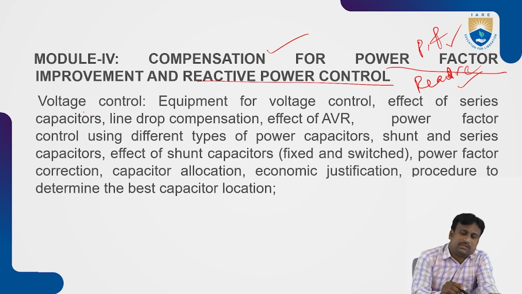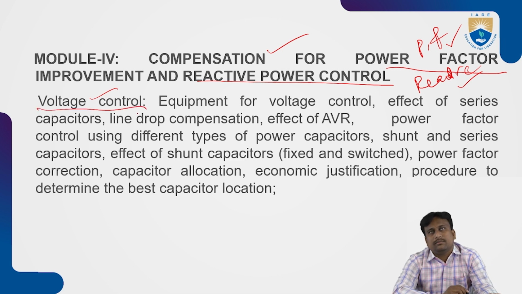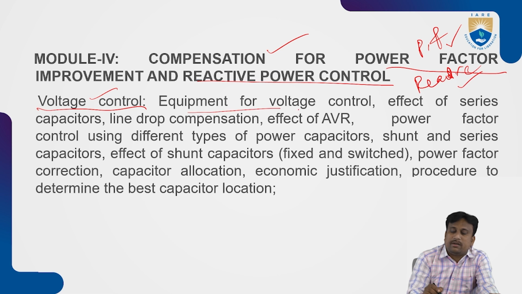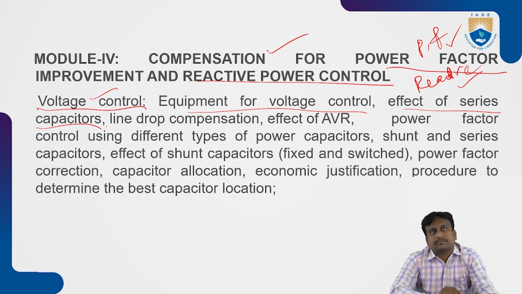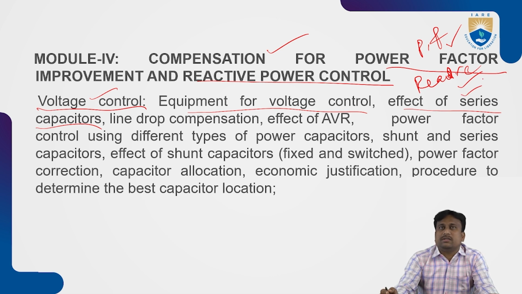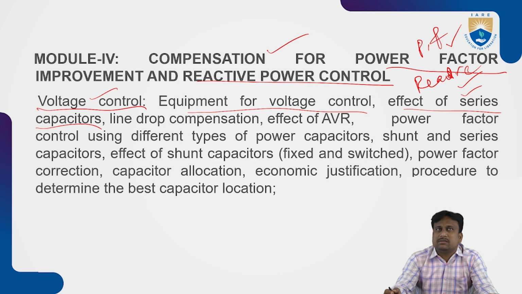So it is associated with voltage control. The voltage control is given for equipment, and it is considered with the effect of series capacitors. What is the importance of using series capacitors? They improve the power factor of the system.